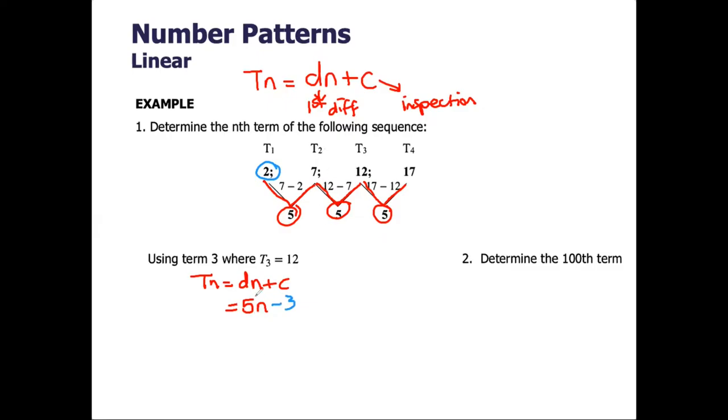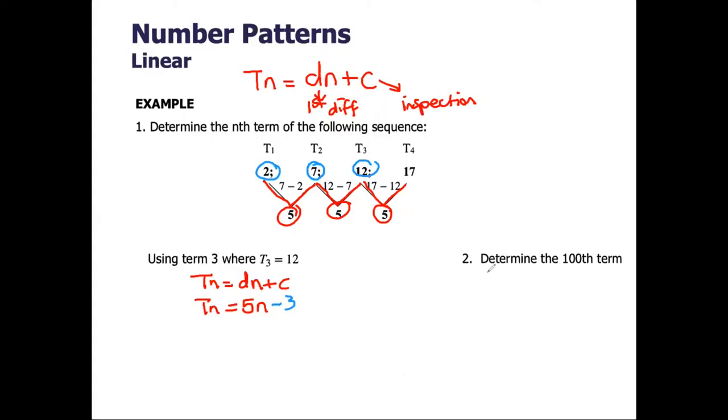Then I check it again. I say, okay, if I look at my second term, 5 times 2 is 10. But I want an answer of 7, so I have to subtract 3. Or 5 times 3 is 15, but I want 12, so I have to subtract 3. So that is then the formula for our linear pattern: Tn equals 5n minus 3.